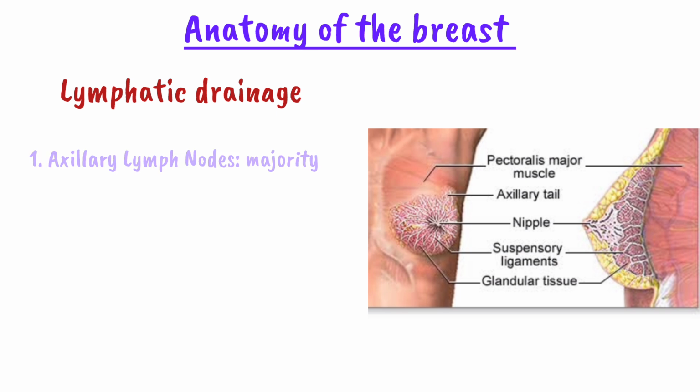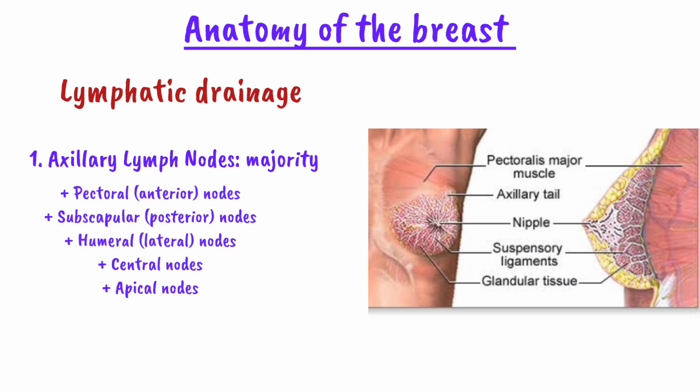The axillary lymph nodes, which are the majority: about 75% of the lymph from the breast drains into the axillary lymph nodes located at the armpits. Now these nodes are subdivided into 5 groups: the pectoral, which are the anterior nodes, the subscapular, which are the posterior nodes, the humeral, which are the lateral nodes, the central nodes, and the apical nodes.